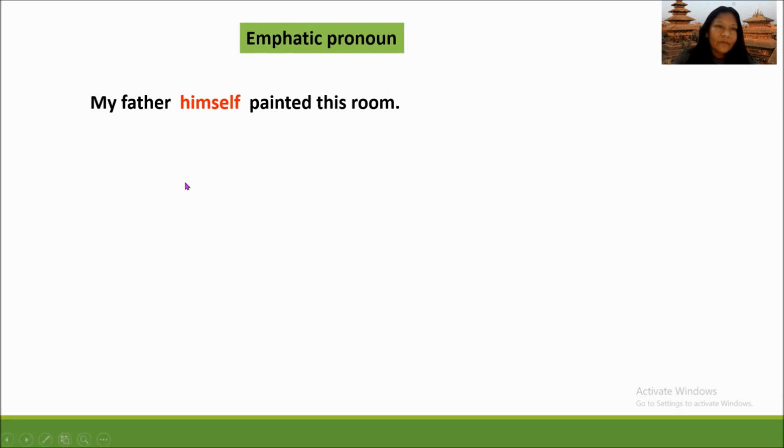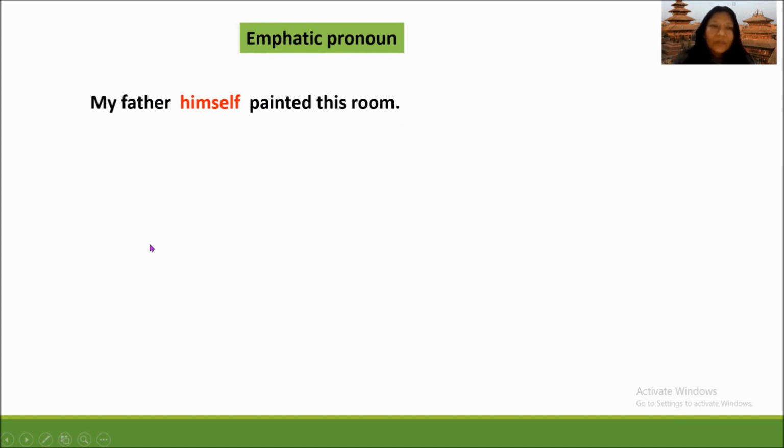For example, my father himself painted this room, so my father is emphasized and the self form is stressed. I mean himself. We stress here himself. My father himself painted this room. Here my father, not someone else, painted this room.